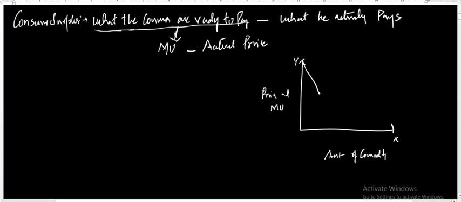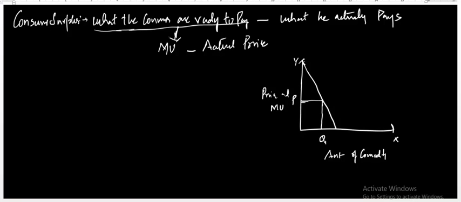Now suppose this is the demand curve of an individual. Now suppose this is the price which a consumer paid for this amount of the commodity. This is the price and this is the quantity.